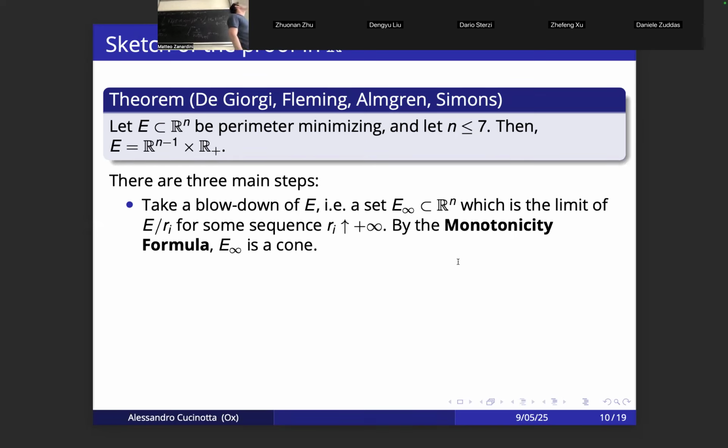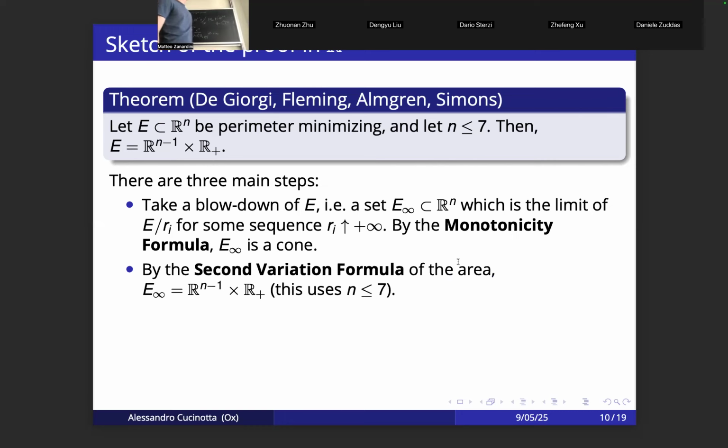This is easy to check. By standard compactness arguments, they converge, when R_i goes to plus infinity, to a limiting set that we call E infinity. And then by a powerful result, the monotonicity formula, we have that the limiting set is a cone. So by doing this procedure, we gain some extra regularity.